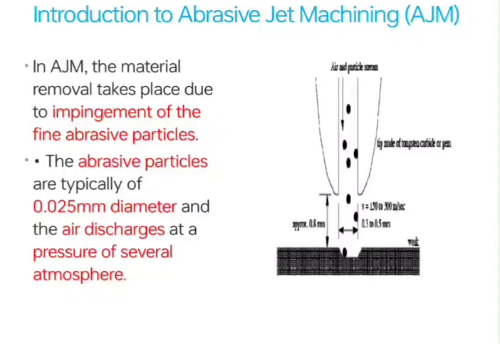The abrasive particles are typically 0.025 mm in diameter and the air discharges at a pressure of several atmospheres. Here, we are maintaining an approximate stand-up distance of 0.8 mm between the nozzle and the workpiece. You see this diagram, the approximate distance is 0.8 mm.